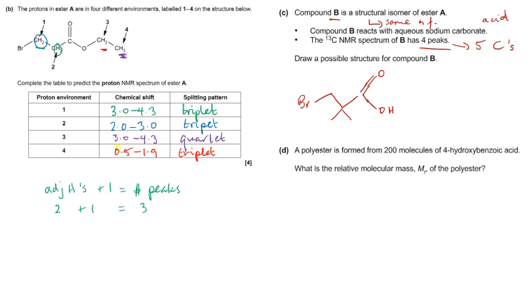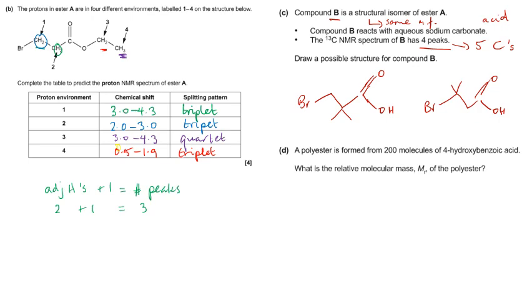Of course, there are alternatives. So we could have our 2 methyl groups on carbon number 3. I'll just draw that out for you. So we've got our acid group, just the same one. We could have our methyl groups coming off carbon number 3 instead. That works. Or we could move our bromine.